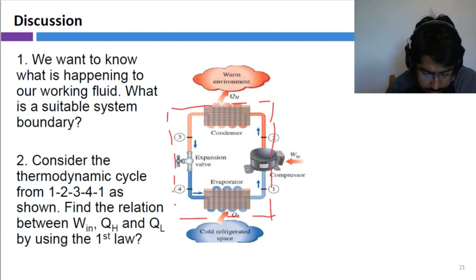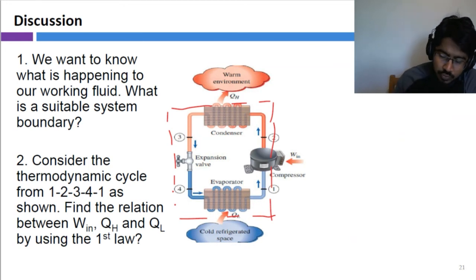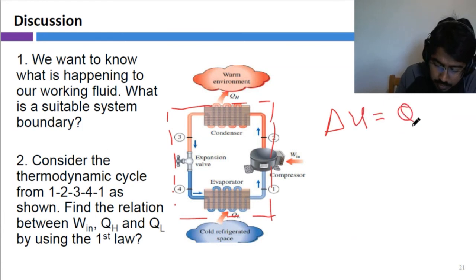Now, the question asks us, considering the thermodynamic cycle, find the relationship between W, QH and QL by using the first law, right? So you remember I said that delta U equals Q. In this case, it is not 1, 2, it is Q cycle.